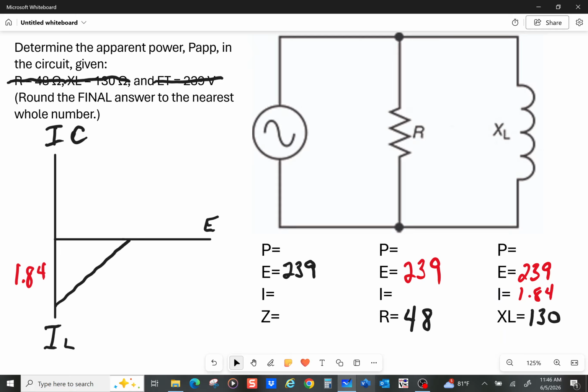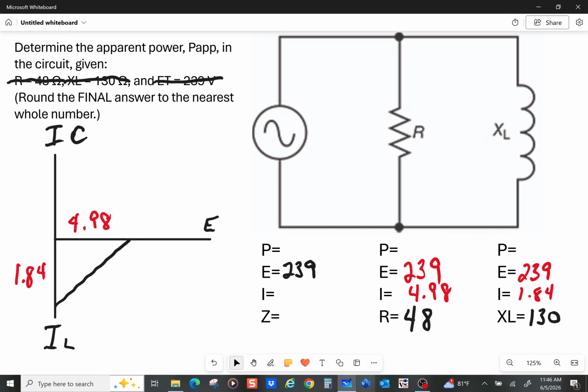Now I'm going to take my 239 volts and divide it by my 48 ohms at my resistor, and that's going to give me 4.98 amps, because we know that what happens at the resistor always is on the horizontal line. Okay, so now I've got my 4.98.